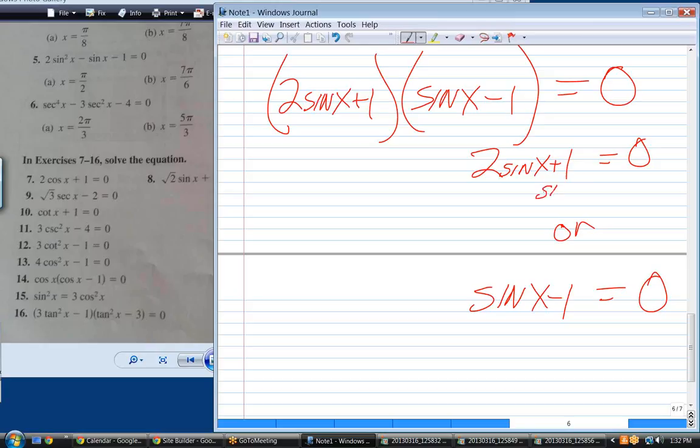Well, if we solve this one, we get sine x equals negative 1/2. What's x equal to if sine x equals negative 1/2? I don't know. What angle would sine of that angle equal plus 1/2?